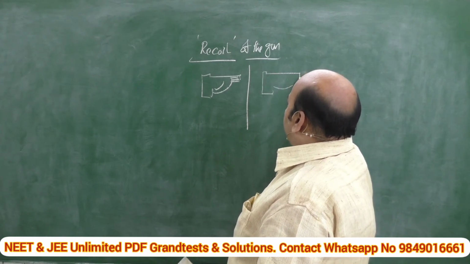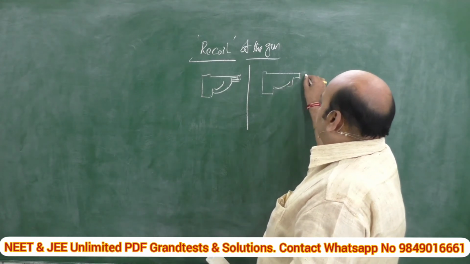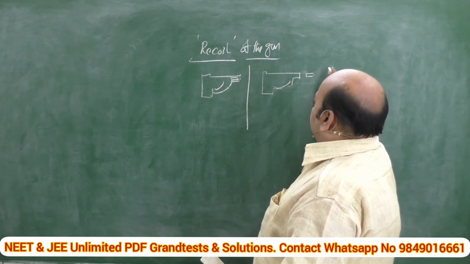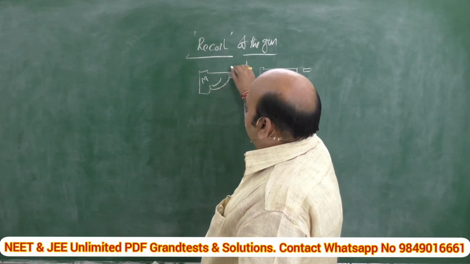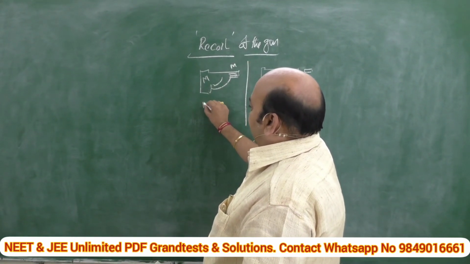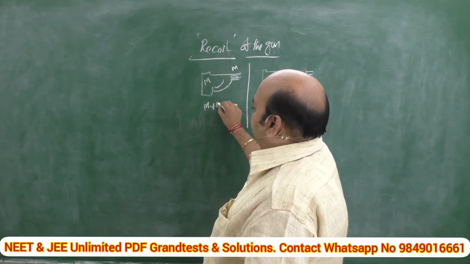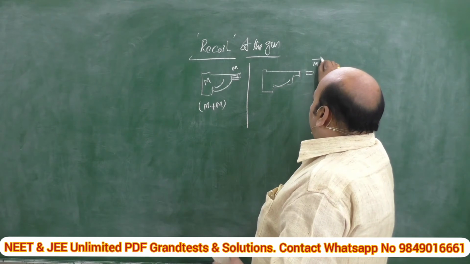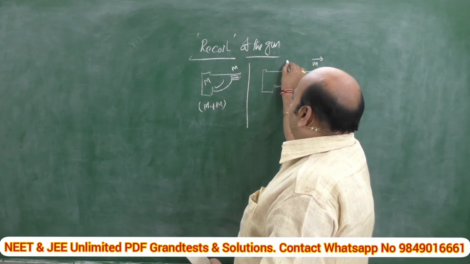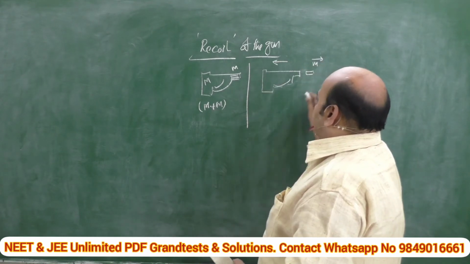Now, this bullet was delivered. This comes out. So, in this case, mass of the gun capital M and mass of the bullet small m are together. As a result, capital M plus small m is the total mass. But here the bullet moves forward, whereas the gun recoils back.